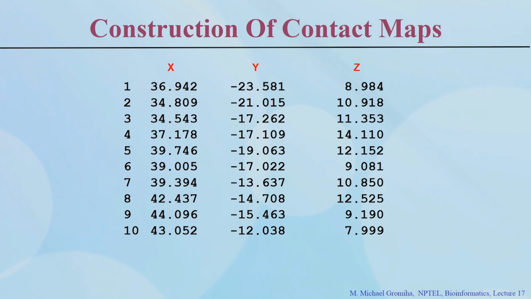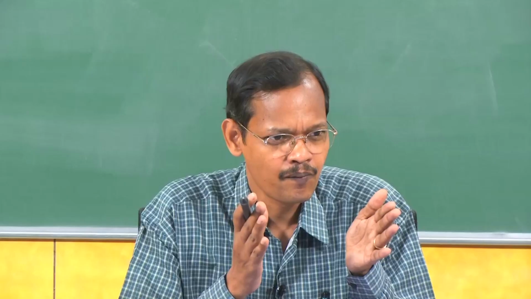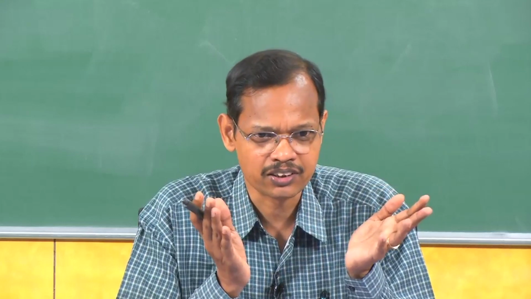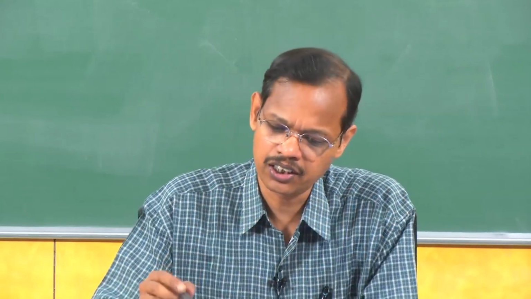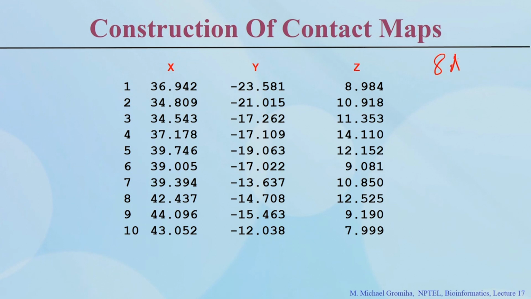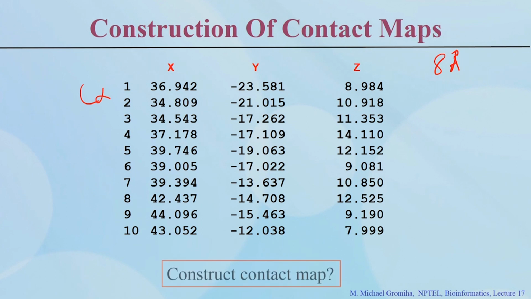In this case, which distance is better to define? 6 to 12 angstrom, 6 to 14 angstrom. Let us use the distance of 8 angstrom, because these are the C alpha atoms, and you can construct maps. How to construct a contact map? First, the x axis is the sequence, and here also you have the sequence.